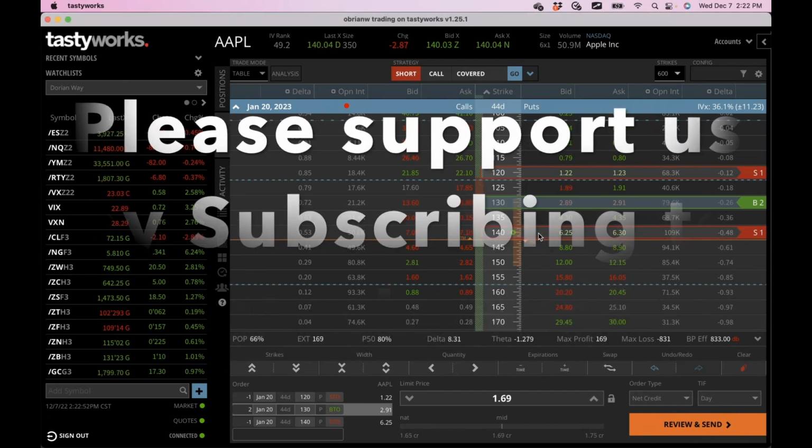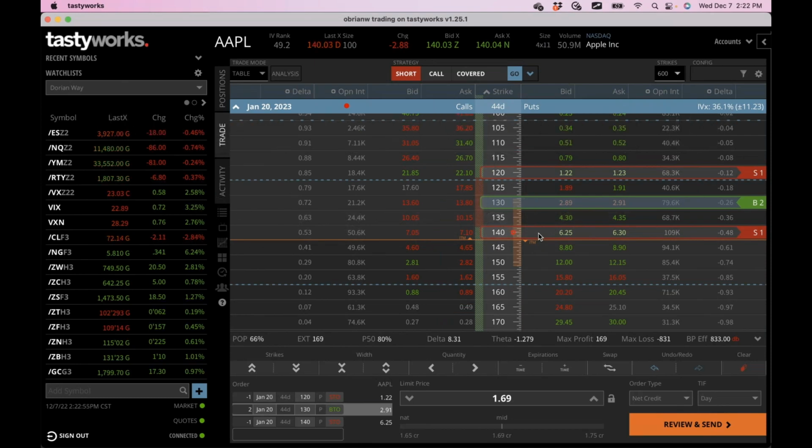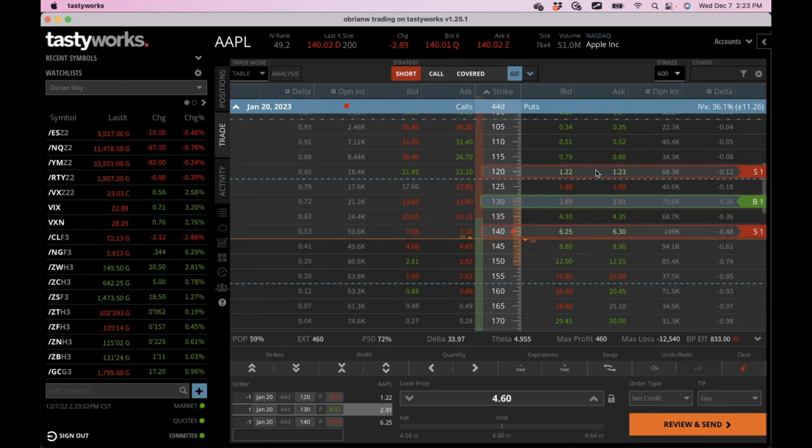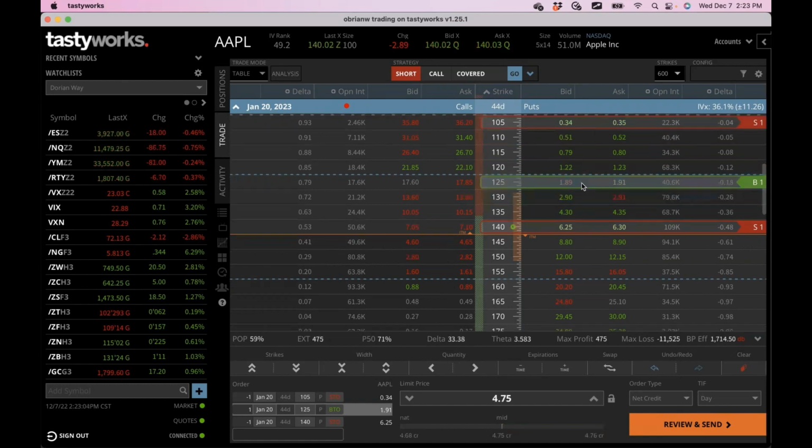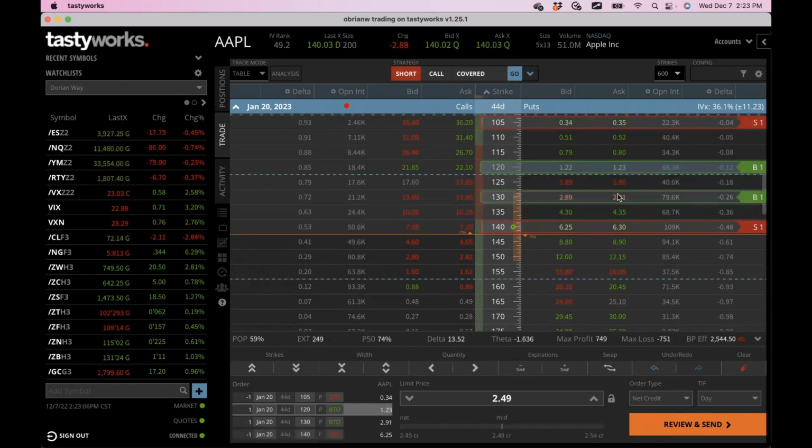I want you to understand that a butterfly is two trades that are fused into one. Okay, two trades fused into one. So what I mean by that is that this is how the butterfly looks. Okay, it looks very similar to this. So you can see with this, in this example, you have a bull put spread, and then you have a bear put spread.